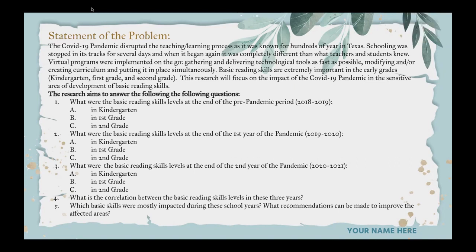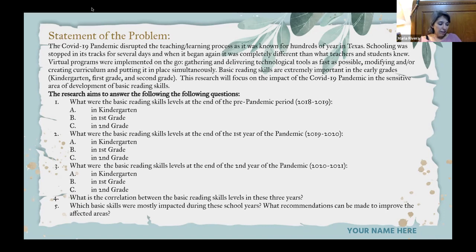Yes, ma'am, much better, because second grade, third grade, and fourth grade were the ones who experienced the COVID-19 pandemic itself. That's why they should be your respondents, your participants in your study. Okay, I'm going to change that then.